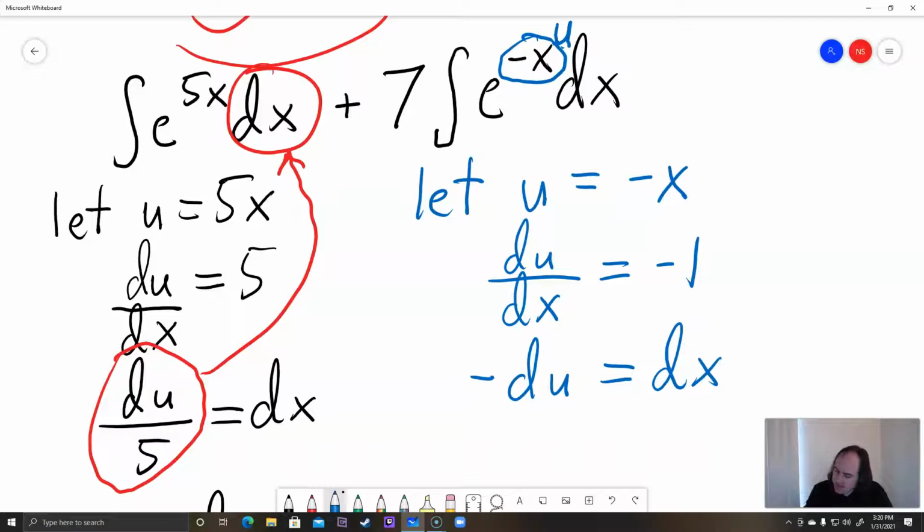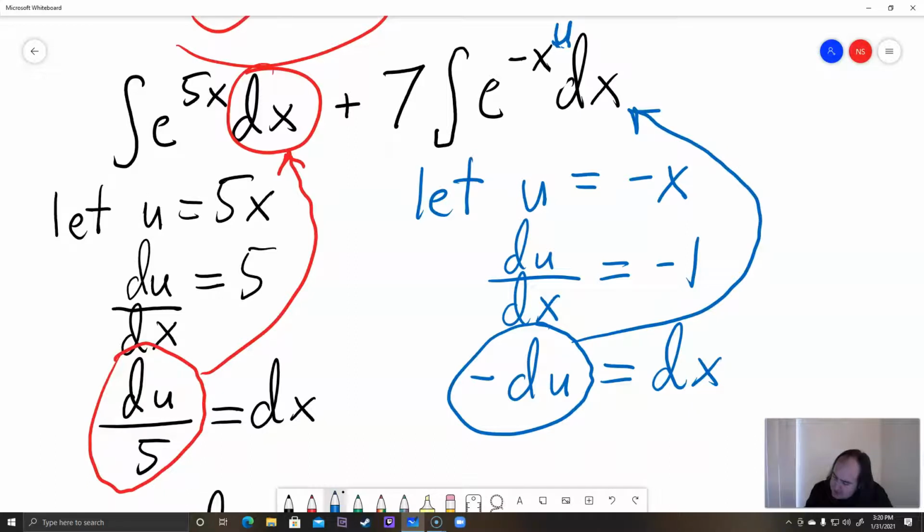Okay, and then we can go ahead and plug in. I'm going to plug in negative du in place of dx. And remember, negative x is our u for the second integral.